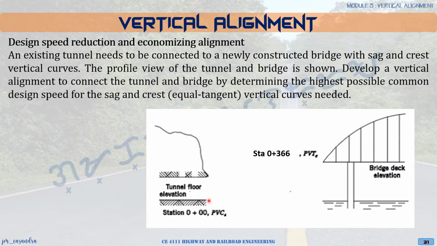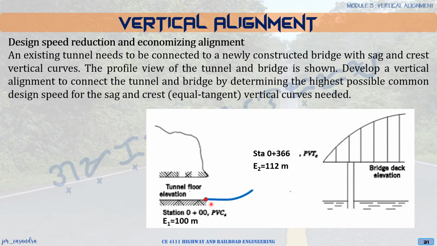So we call the start of our curve the PVC of the sag curve, and the end of our connection the PVE of the crest curve. So take note that the elevation of the bridge deck is 112 meters, and the elevation of the tunnel is 100 meters.